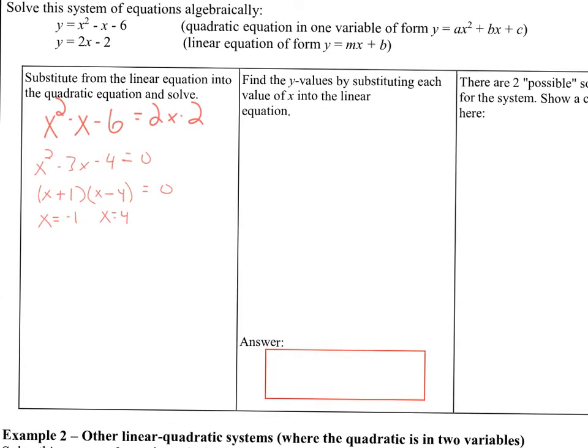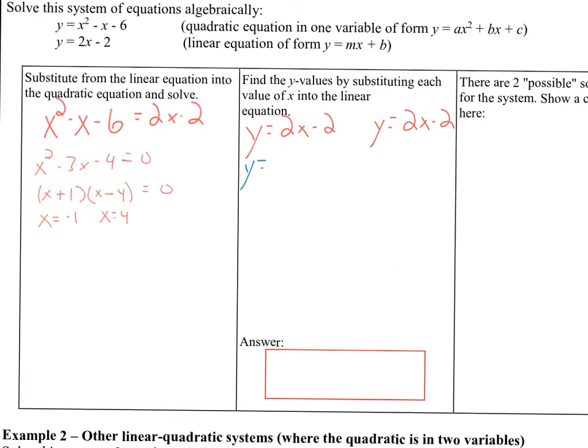So, the next step, find the y values by substituting each value of x into the linear equation. So you choose the linear equation because that's the easier one. You could choose the quadratic, it would still work, but why choose crazy? Anyways, so y equals 2x minus 2. I have two x values to plug in.